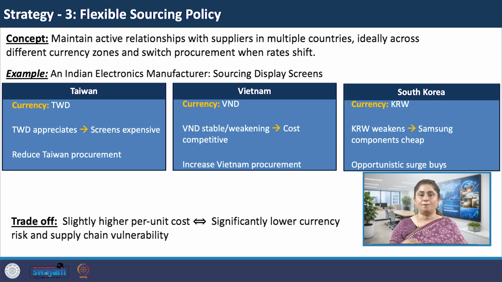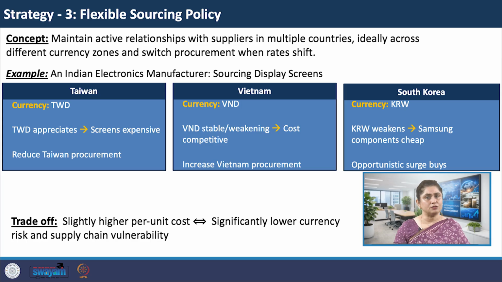But then, multiple sourcing has its own limitation. There is a trade off. Maintaining multiple supplier relationships costs more than relying on one. Expenses related to quality audits, safety stock requirements, and ongoing management increase. But this cost is the price of flexibility.